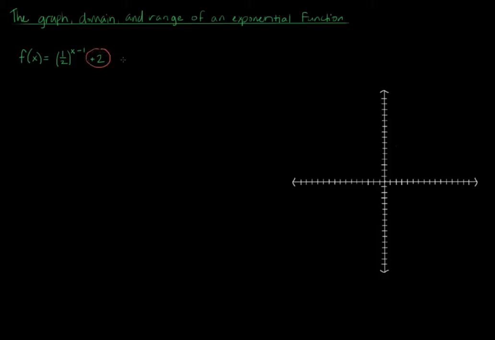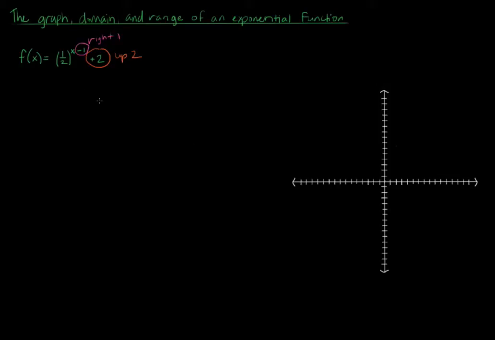Sorry about that. This is going to be up 2. And this shift is going to be the opposite of what we would think it would be. So we are going to go to the right 1. So let's just keep that in mind.